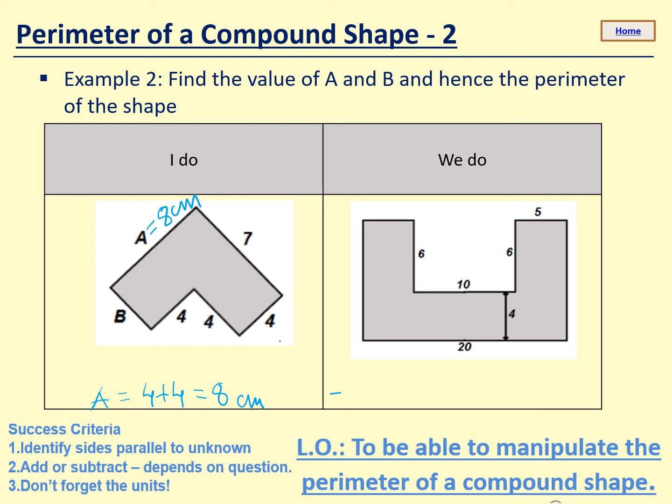So now I can calculate b. And b is the same like in the previous example. So identify parallel lines, this and this. And then I can see that my b is the same as 7, so this whole bit, take away 4. So b is 7 take away 4 equals 3 centimeters.